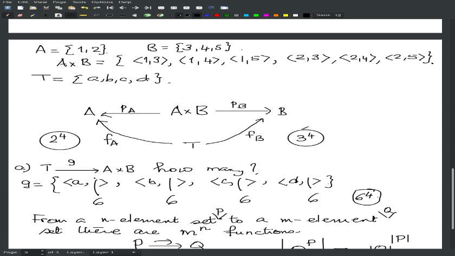Now remember, the number of choices that you can make for FA and FB, so the number of pairs. How many such pairs FA and FB can you make?